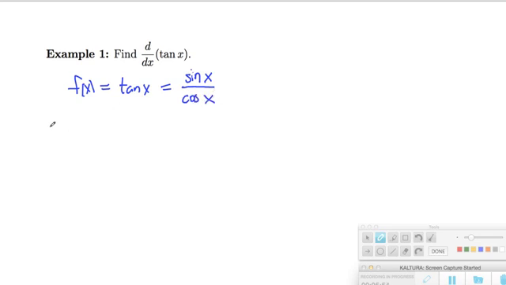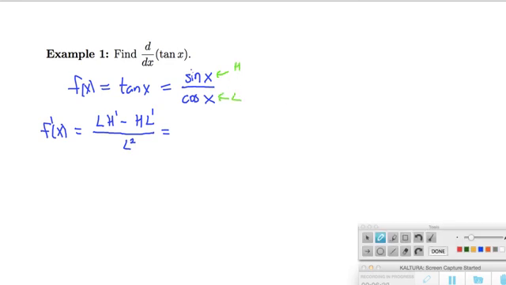So this is our original function, so the derivative is going to be low d high minus high d low all over low squared. And the way you interpret this is sine is your high or top function, and cosine is your low or bottom function.